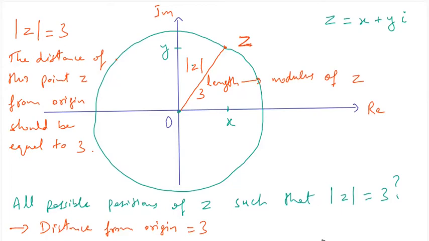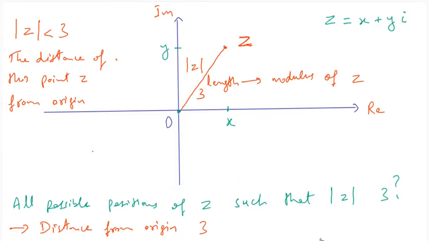Okay. अच्छा, let's change this a bit now. What if you're saying the modulus is not equal to 3, but it's actually less than 3? What do you think now? So अगर उसने कहा हो अब that the distance is less than 3 now. Equal to 3 के बजाय हमने इसको कहा let's make it less than 3.